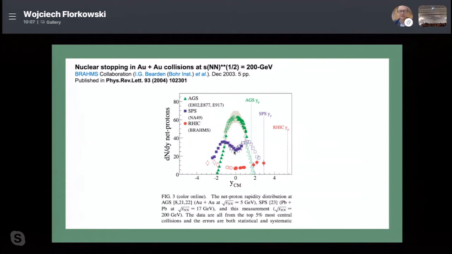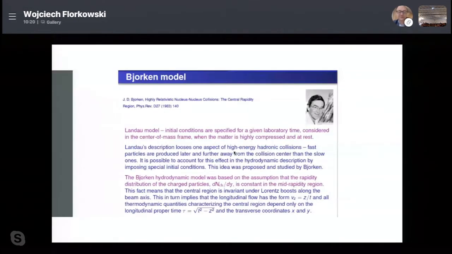I will start with the newer model, the Bjorken model. The Bjorken model really shaped our thinking, and he introduced hydrodynamics into the field of relativistic heavy ion collisions. There was the model by Landau, which was older, but that model assumed stopping.